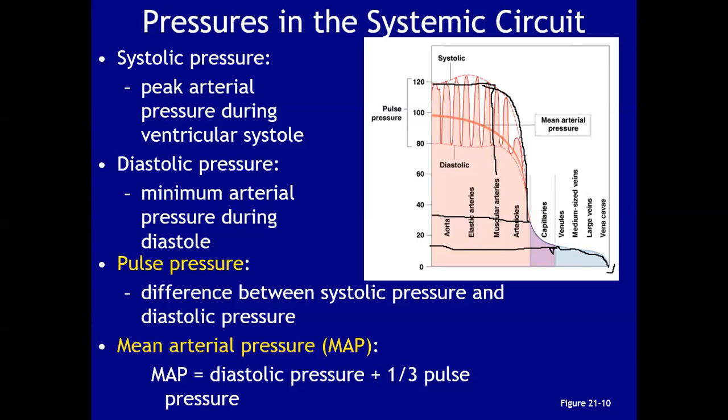When it makes its way back into the heart, we're almost at a pressure of 0, okay? All that this is, is mean arterial pressure. This is a way to create that line we were talking about to kind of make it a linear event. And I'm not going to ask you any questions about mean arterial pressure, okay?